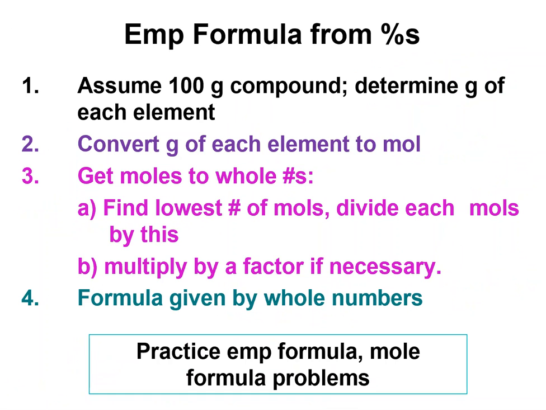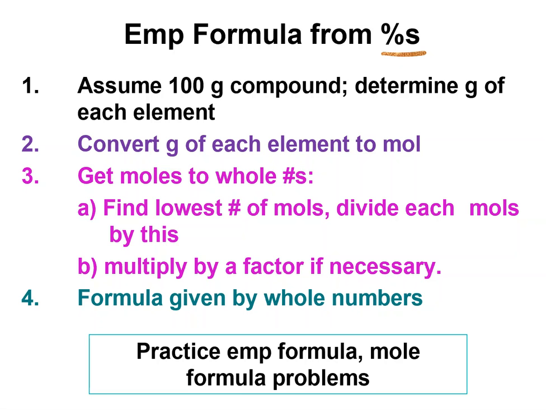So we know how to get from an empirical formula to the molecular formula of a compound, but how do we get the empirical formula? Well, we can get it from our percent composition, and these are the steps that you use. The first one is kind of the trick, because percent composition is in mass, and formulas have subscripts that are in terms of numbers of particles.